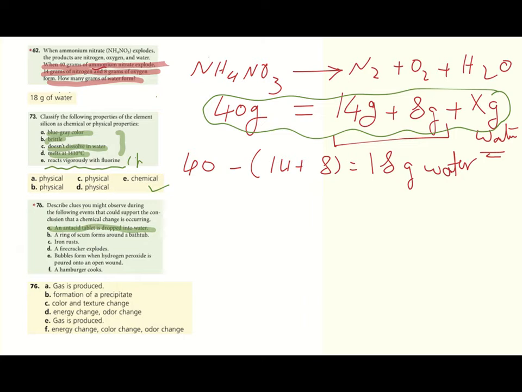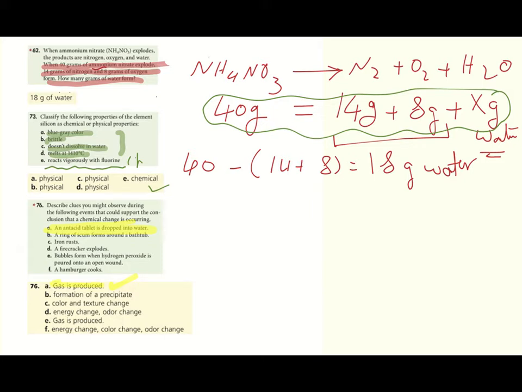So what evidence might you observe when you make this reaction to say that a chemical change is happening? Adding antacid to water, it might produce bubbles. So bubbles or gas can be produced for the first one.